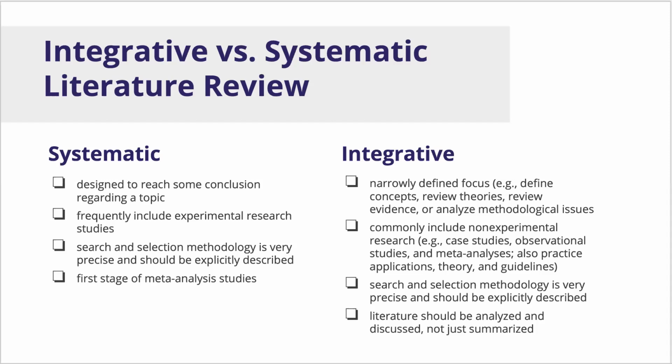Well, with an integrative review, because you're dealing with all these often dissimilar sources, you really need to analyze it and discuss it, because what may be an obvious difference or a reason for a discrepant result to someone who's read the whole article will not necessarily be obvious to the reader of your integrative review unless you have that analysis, discussion, and ultimately synthesis written out for the reader to see.